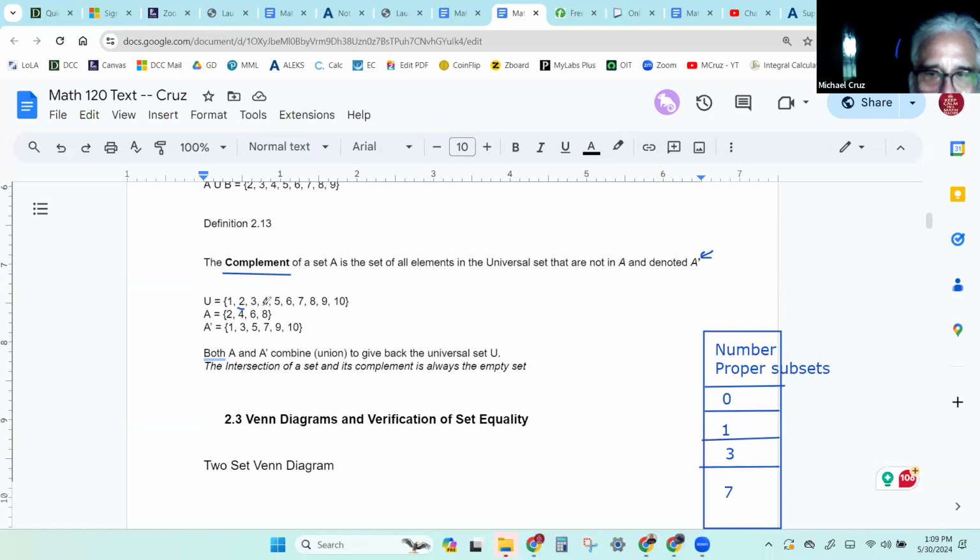So 2, 4, 6, and 8 are being pulled out from U. We're just choosing an arbitrary set, and you see all of those are in U. Now the complement of A are all the ones that are not 2, 4, 6, and 8. So if we take out 2, 4, 6, and 8, what's left is 1, 3, 5, 7, 9, and 10.